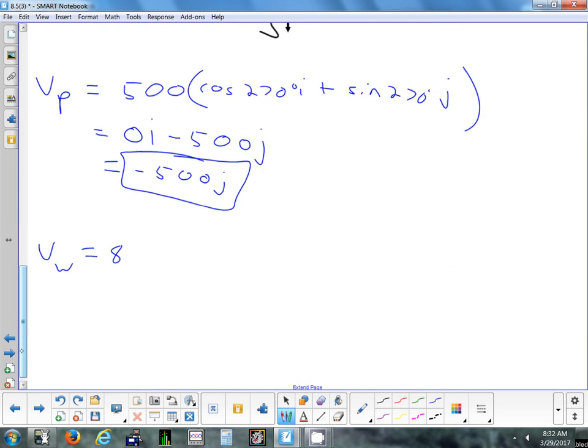So we've got 80 cosine 45 plus sine 45. And once I figure out the first component, the second one is going to be the same. The cosine of 45 and the sine of 45 are both 0.707. They're the same number.